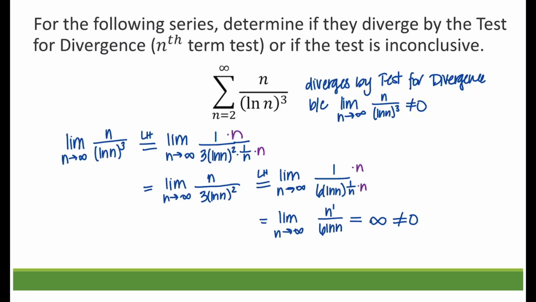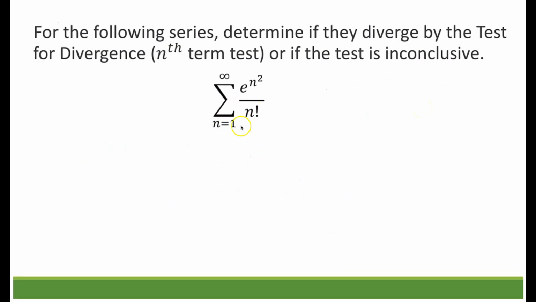On this one, I have the sum of n equals 1 to infinity of e to the n squared over n factorial. If I set up the limit as n approaches infinity of e to the n squared over n factorial, I'm actually going to get stuck because I have this infinity over infinity case that the laws of dominance are, again, not going to help me with.